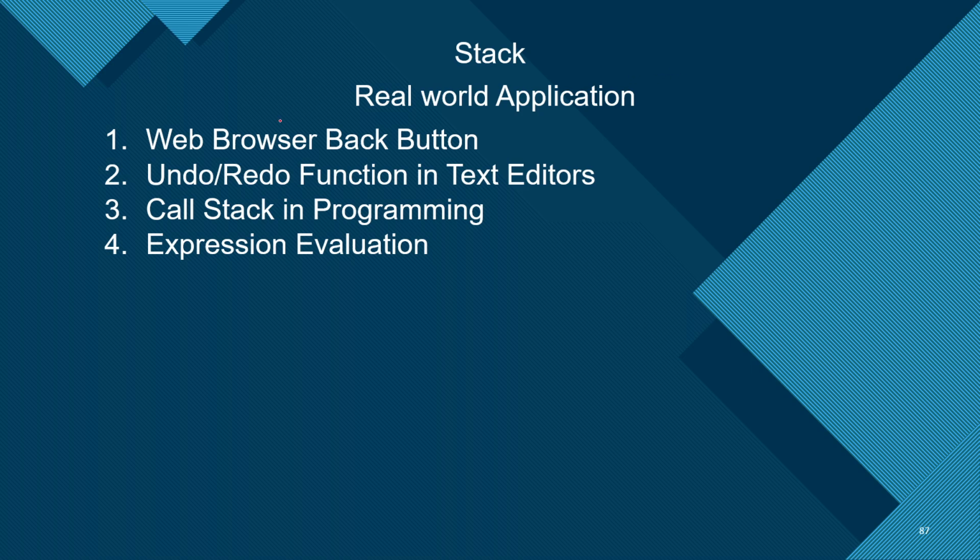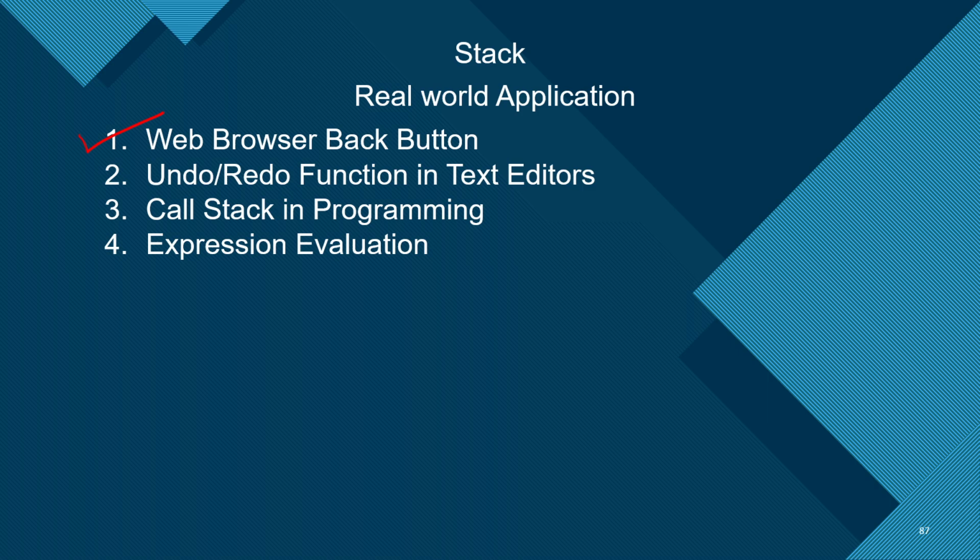About the web browser back button: when you visit a web page, your browser stores history in the stack. So when you click the back button, it pops the last visited page and takes you back to the previous page. This is a use of stack in the web browser back button. The next one is the undo and redo function in a text editor.